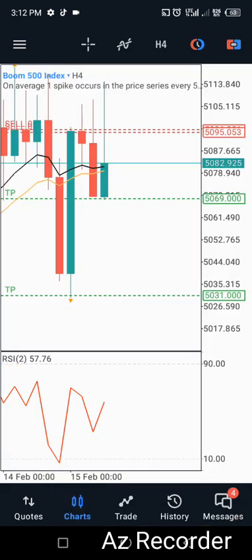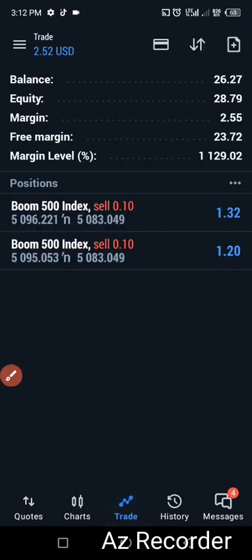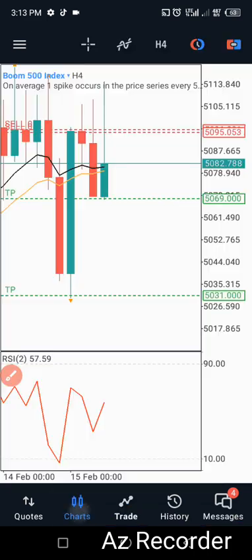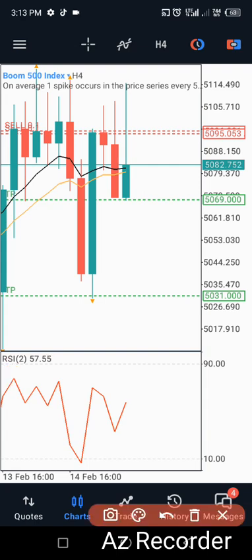So I'm just going to show you now how I was able to take this trade on Boom 500 index with this lot size. Definitely, at the end of this trade, let me check how much I should be making.